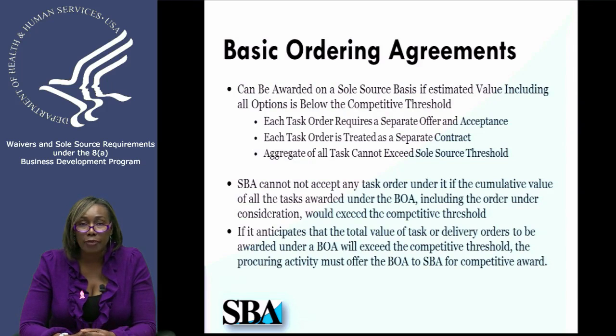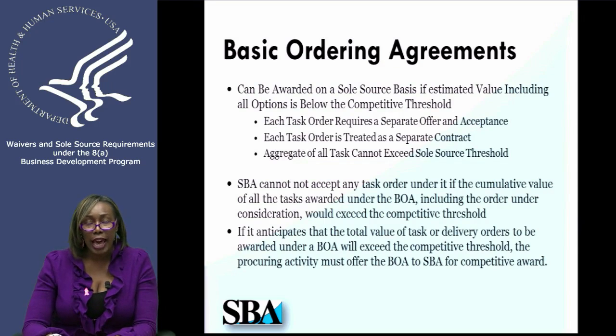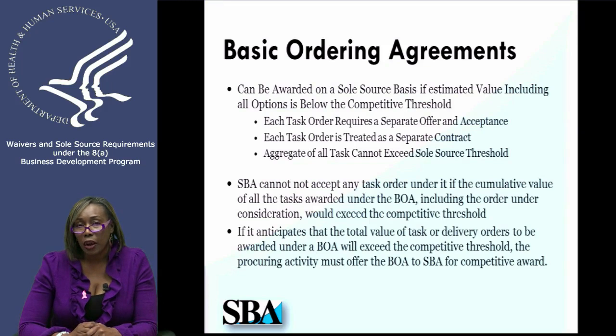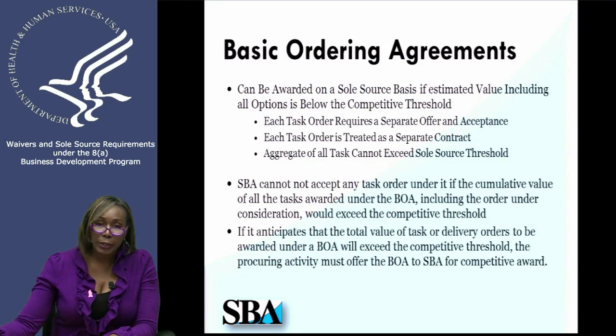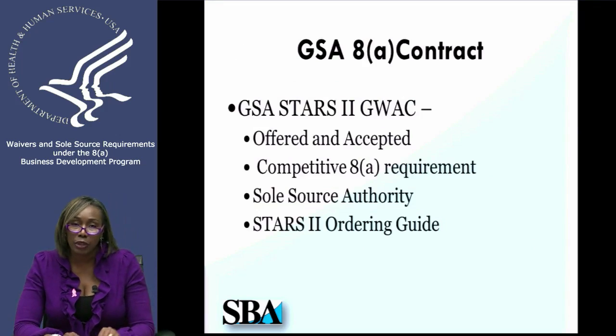SBA cannot accept any task orders if the cumulative value of the task orders awarded under the BOA, including all other considerations, would exceed that competitive threshold. Okay? So it's important that you ensure that with any basic ordering agreement, you are offering and accepting each one of those requirements in the program.